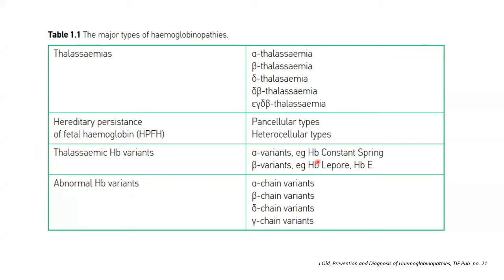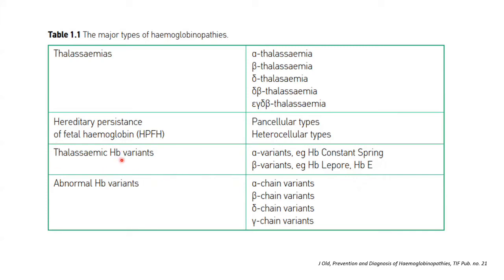The examples are hemoglobin Constant Spring, hemoglobin Lepore, and hemoglobin E. In these particular hemoglobin variants, there is a structural defect in the globin genes, which causes them to degrade within circulation. So whenever you detect them by any method in heterozygous conditions, you would expect the quantity of these hemoglobins to be around 50%, but that does not happen because they degrade in circulation, giving rise to lower percentages when you detect them.